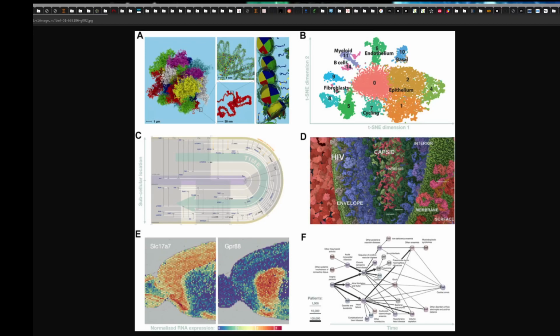Coifman, R.R., Lafon, S., Lee, A.B., Maggioni, M., Nadler, B., Warner, F., et al., 2005. Geometric diffusions as a tool for harmonic analysis and structure definition of data: diffusion maps. PNAS 102, 7426-7431. DOI 10.1073/pnas.0500334102. PubMed Abstract, Crossref Full Text, Google Scholar.